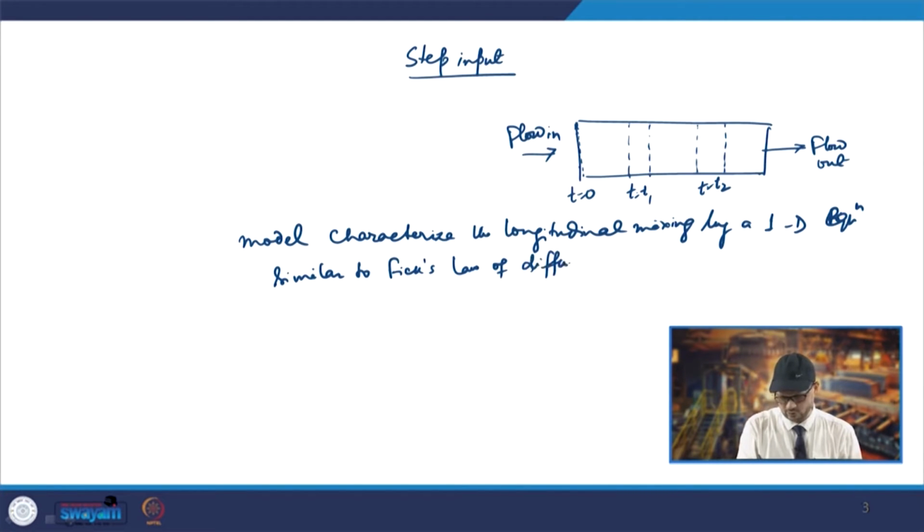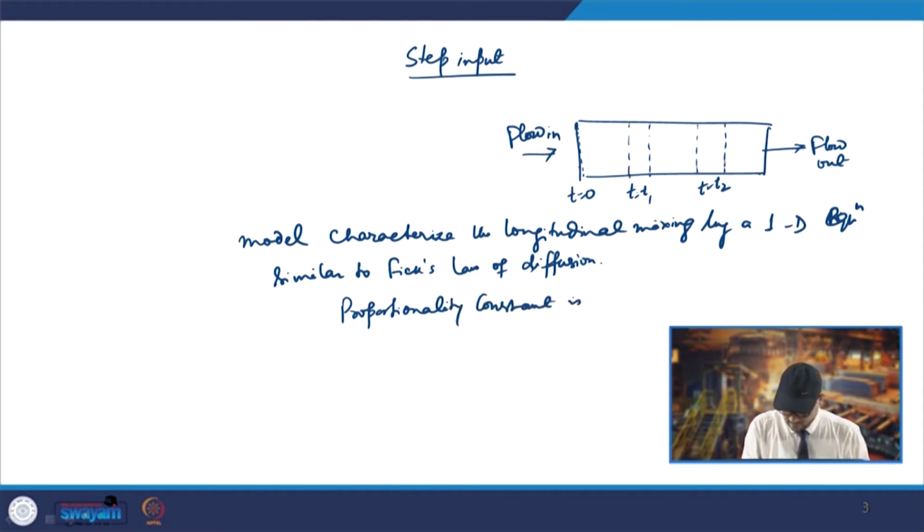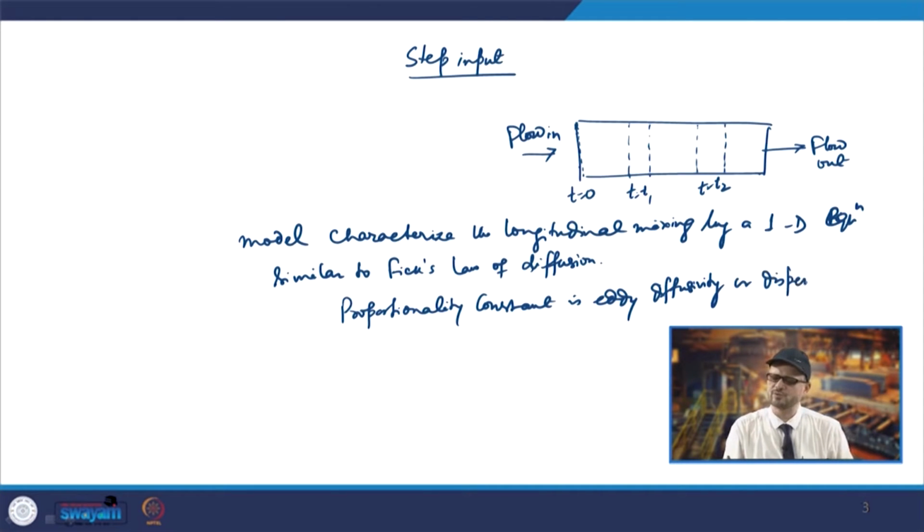So, as you know, in Fick's law of diffusion you have the diffusion constant. Here also you will have a proportionality constant, and the proportionality constant will be known as the eddy diffusivity, or we also call it the dispersion coefficient, that is dE.